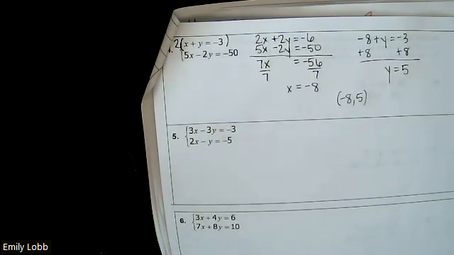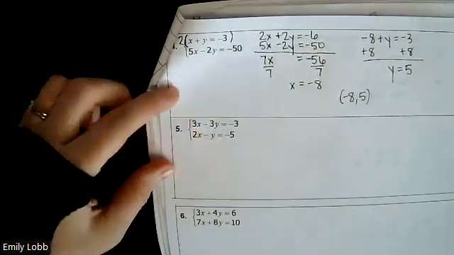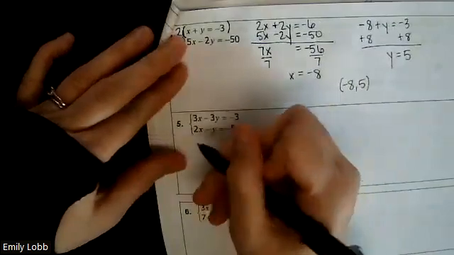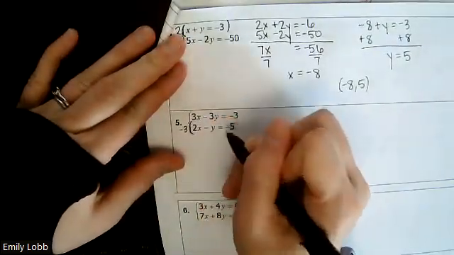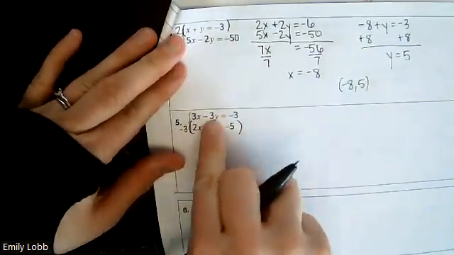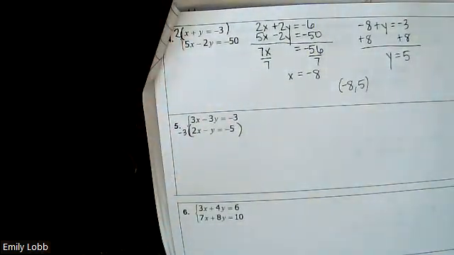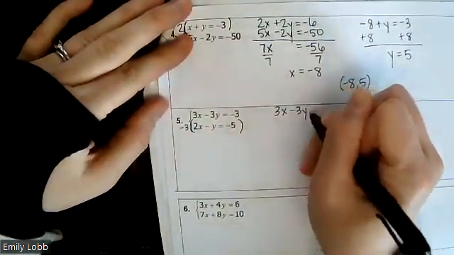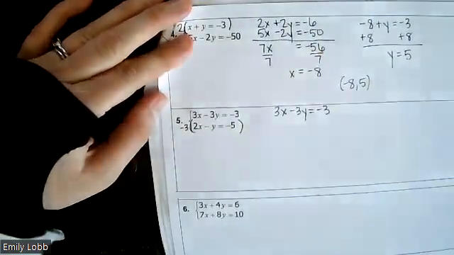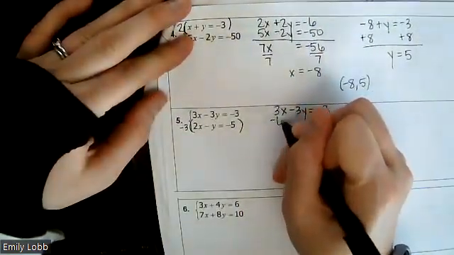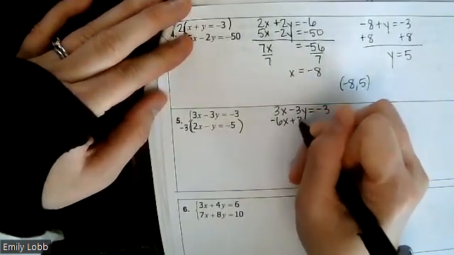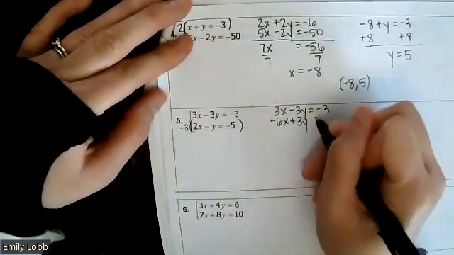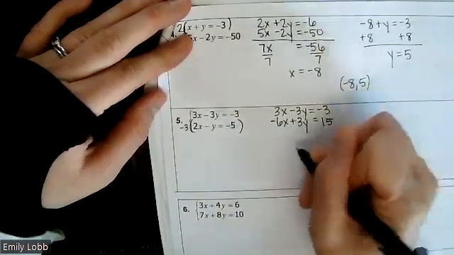All right, down here, I would probably opt to multiply by a -3. Why do I have to multiply by a -3? Because I want it to be the opposite of this one. I want it to be a positive 3y. So if I rewrite the top, 3x minus 3y equals -3, and then distribute that bottom, -6x plus 3y is what we wanted, is equal to a positive 15.